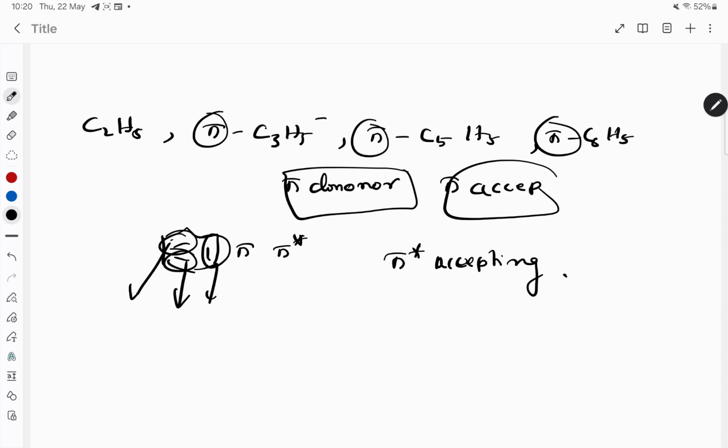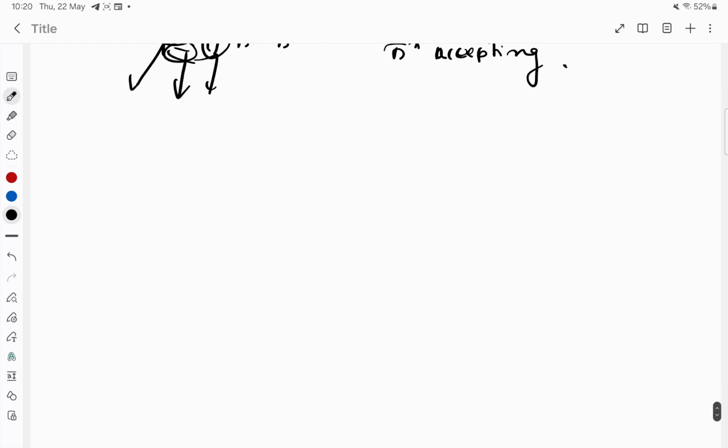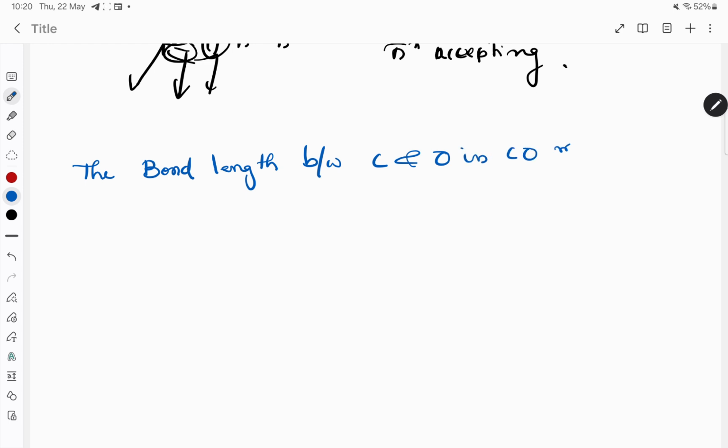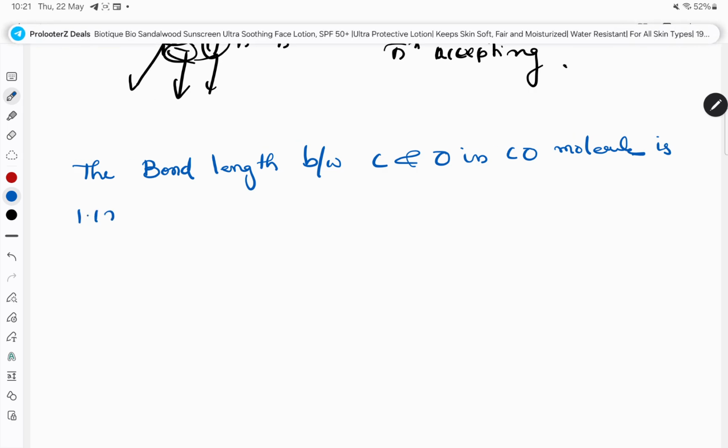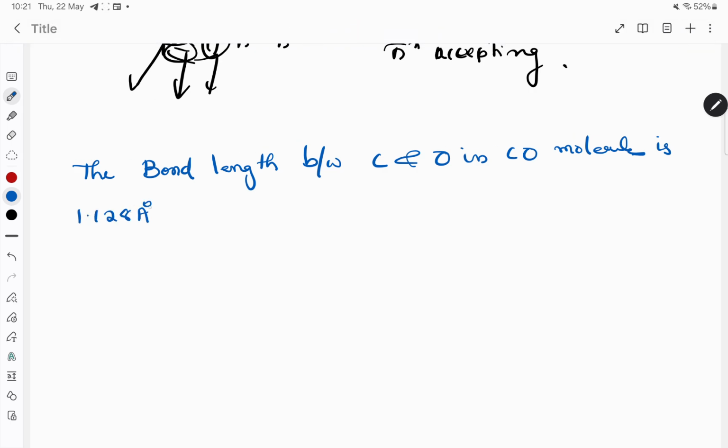Yes, I hope you understood the concept. So let's do a small question. The bond length between carbon and oxygen in the CO molecule is 1.128 angstrom.